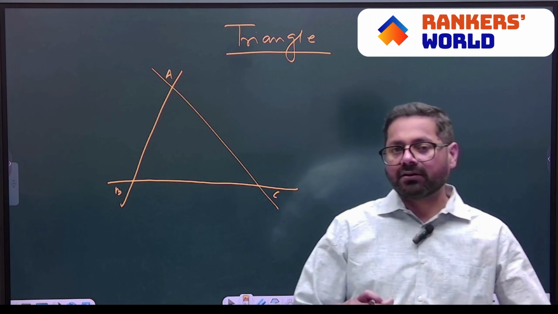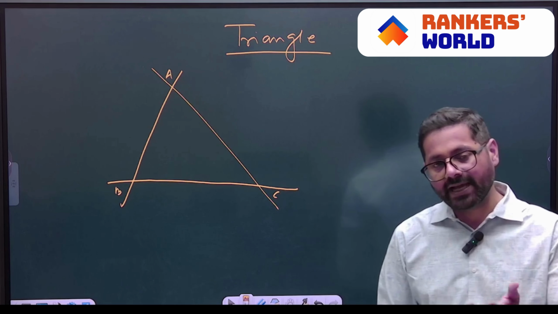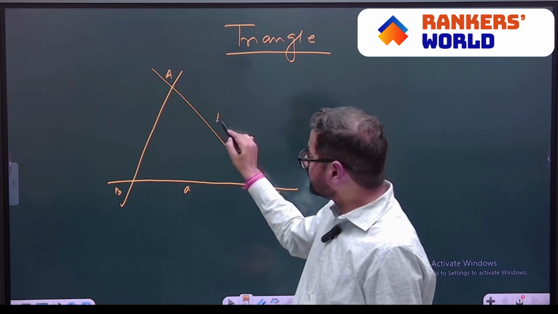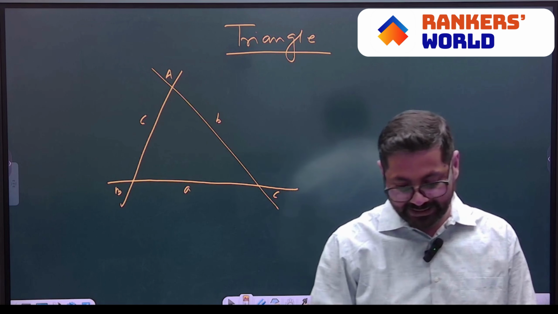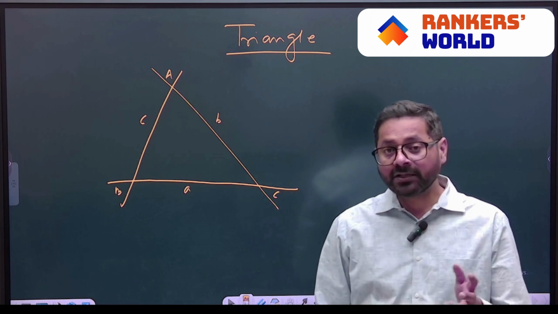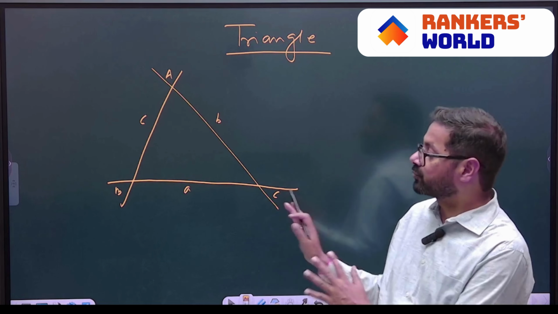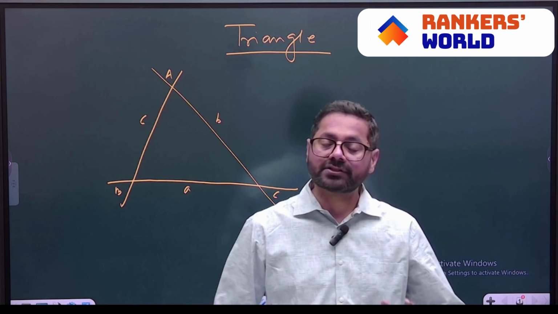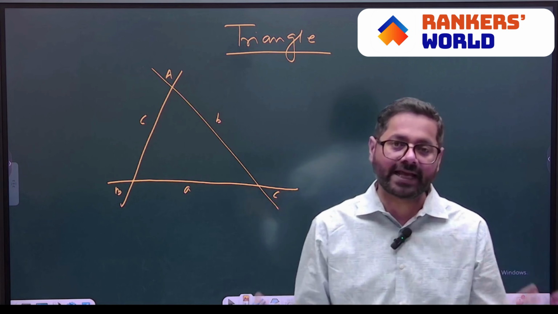If you look at the number of parameters this triangle has, one, it has an angle, and another, it has a length, because we represent its sides as small a, small b, and small c. Another perspective arrives for the first time in geometry: the area concept, because a three-sided triangle is the first closed diagram.